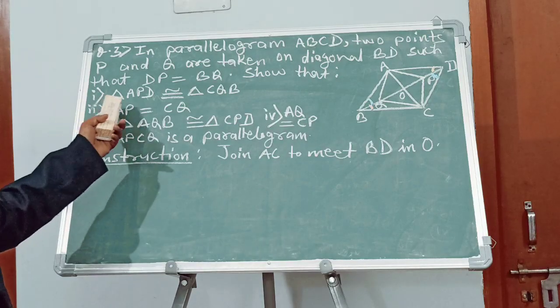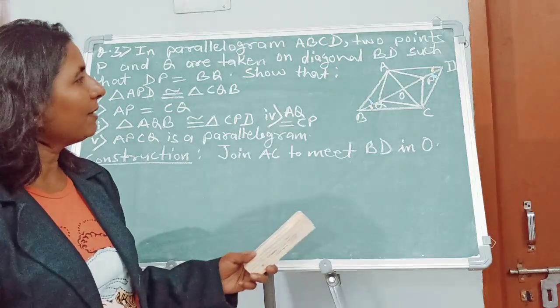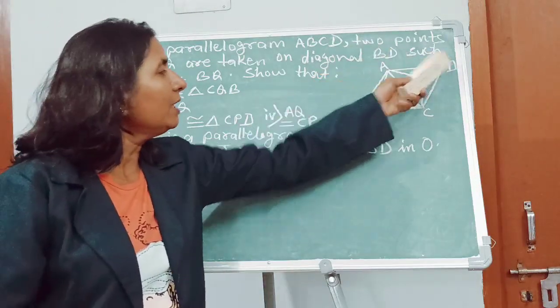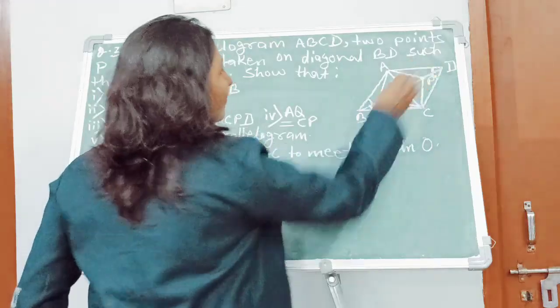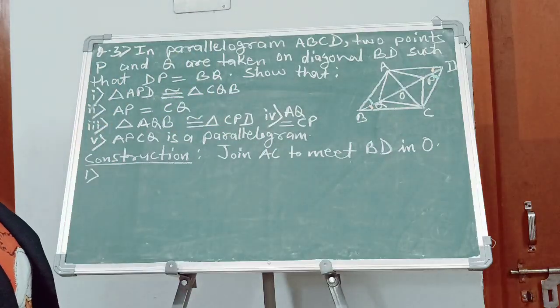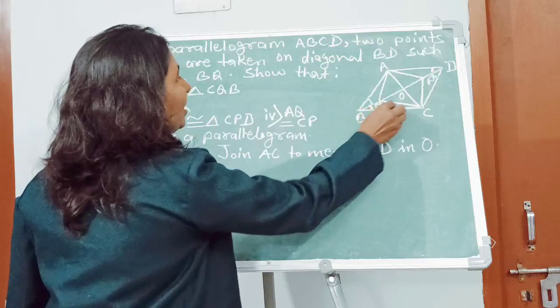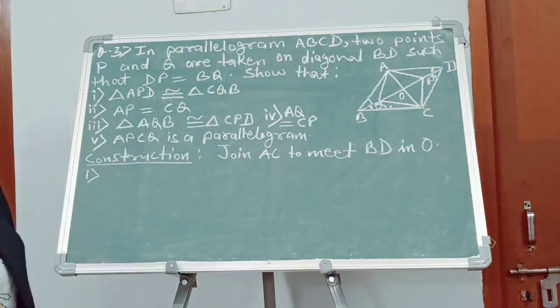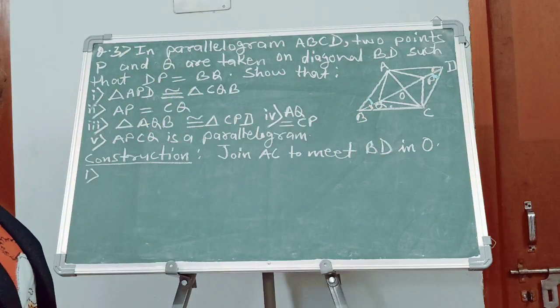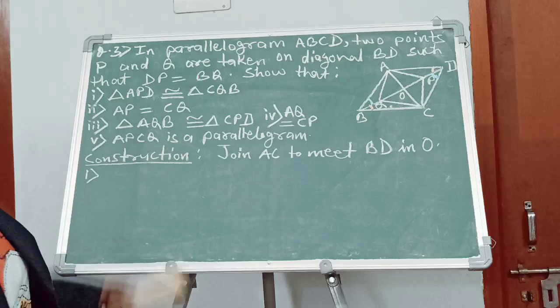First one, triangle APD. Where is triangle APD? This triangle is congruent to triangle CQB. This is the first thing which you have to show. Second, AP is equal to CQ.